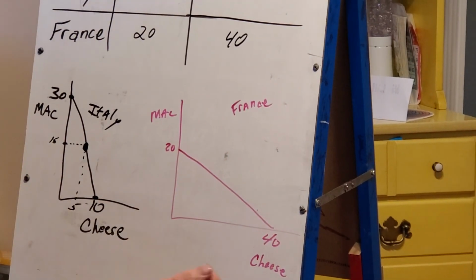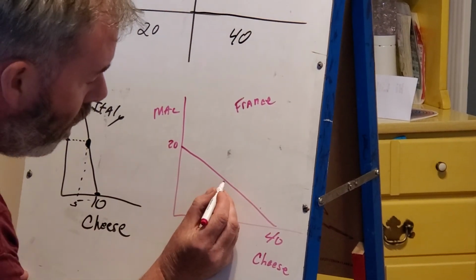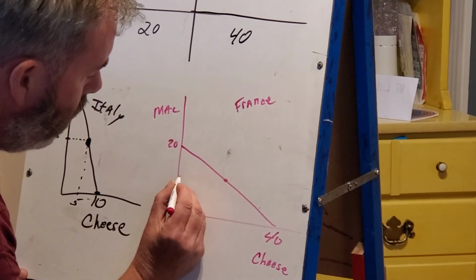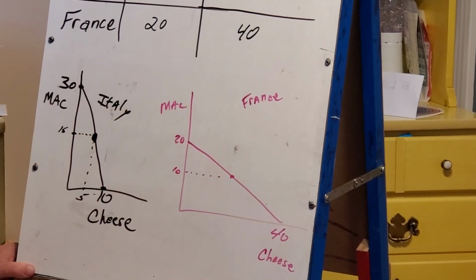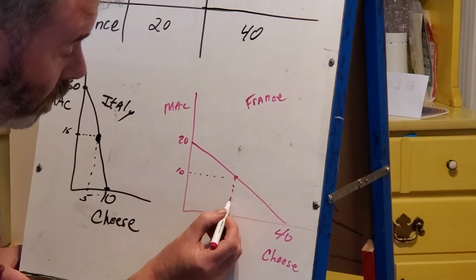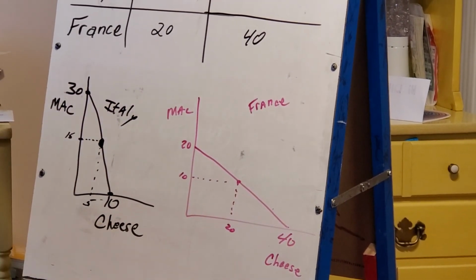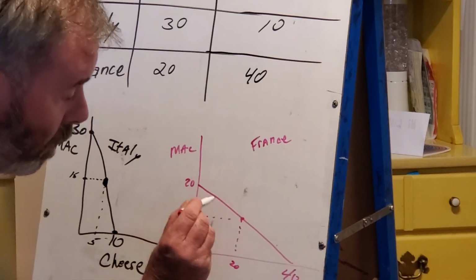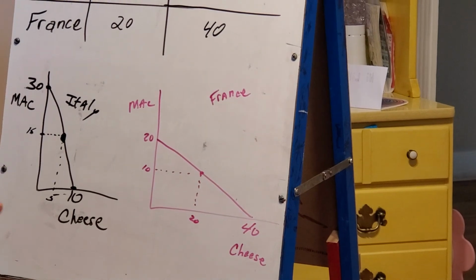Same thing. Could France decide to produce, say, exactly half of it? Yeah. If France decided, you know what, we only need 10 units of mac, well, then it would have half of its resources left over to devote towards the production of cheese, and it could achieve a production level of 20 units of cheese, or keep in mind any combination therein. All right, I think a lot of us realize that, but I just wanted to show that.